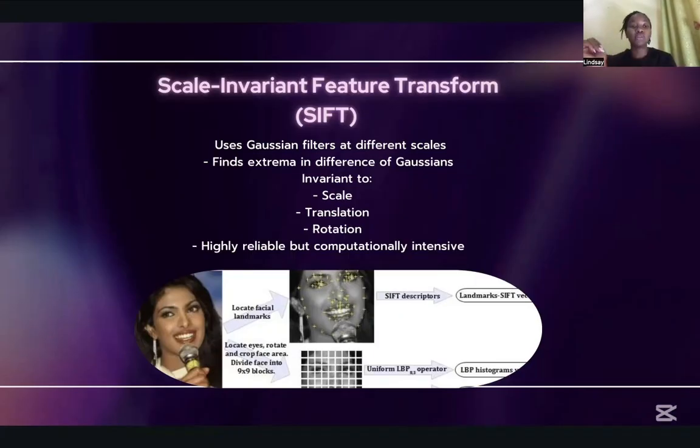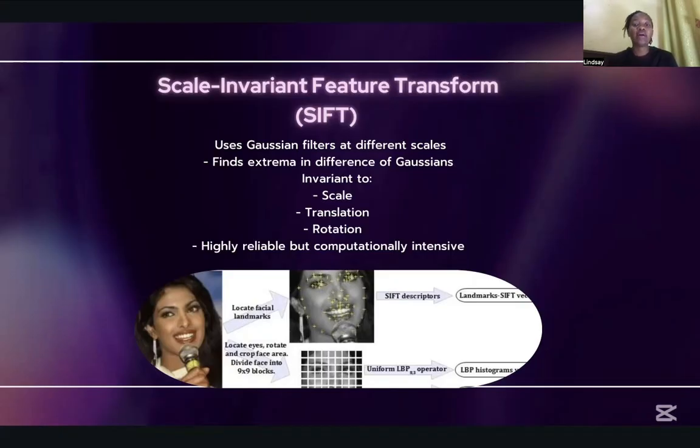Now let me just read what's here. It uses Gaussian filters at different scales and then finds extrema in differences of Gaussians, and it's invariant to scale, translation, and rotation. So it's highly reliable, but it's computationally intensive, because when you go into the next step, they call it computational detection, I think.